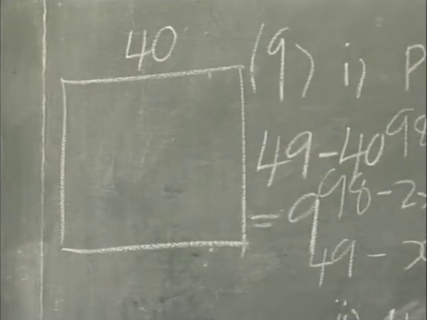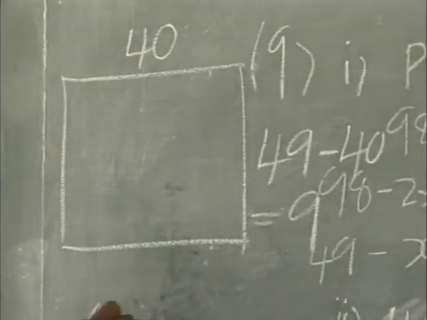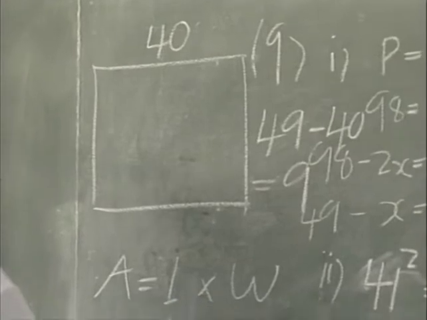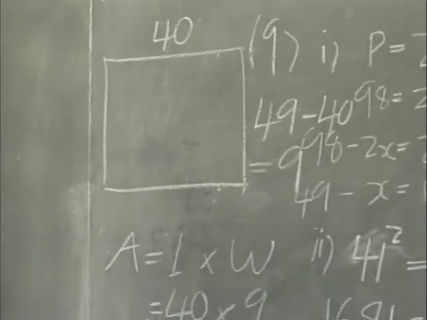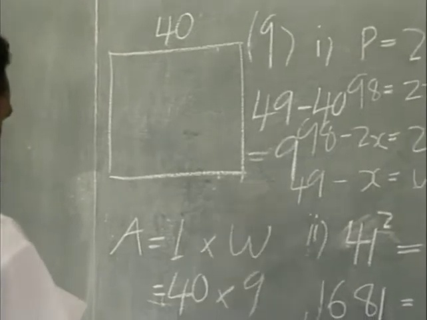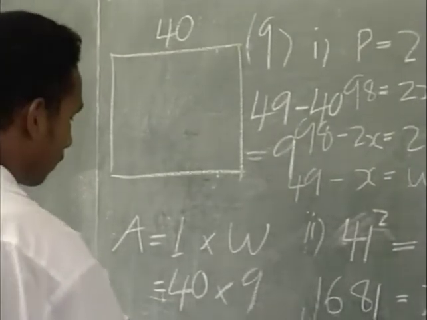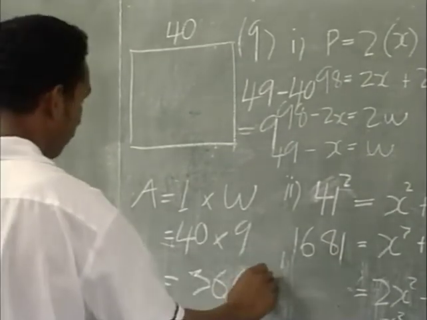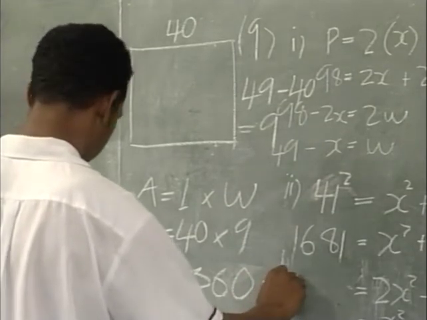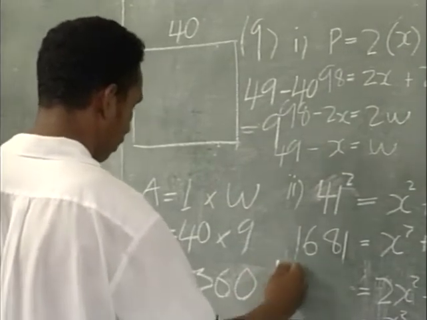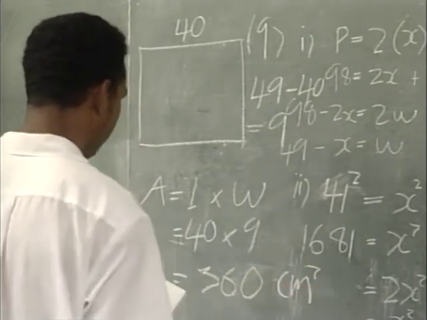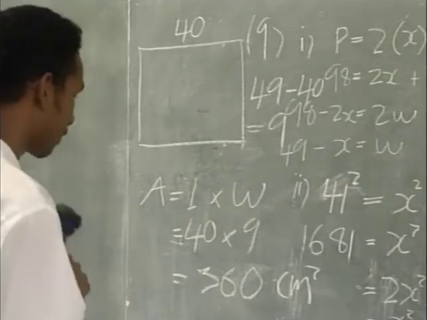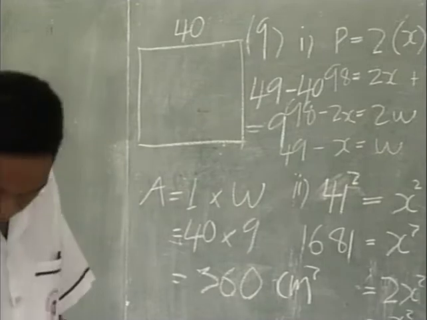So I multiply length times width. So the area equals 40 times 9 equals 360 square centimeters. Good.